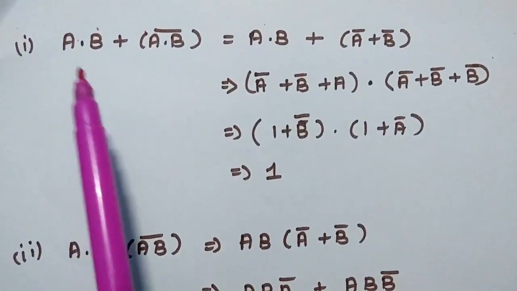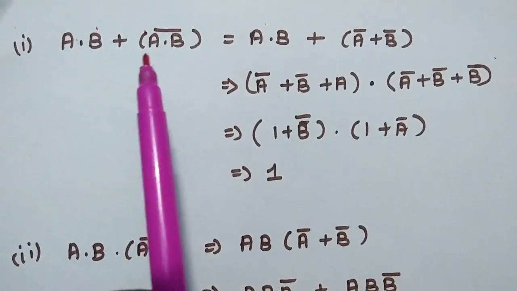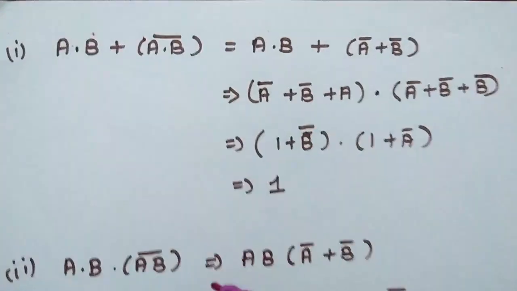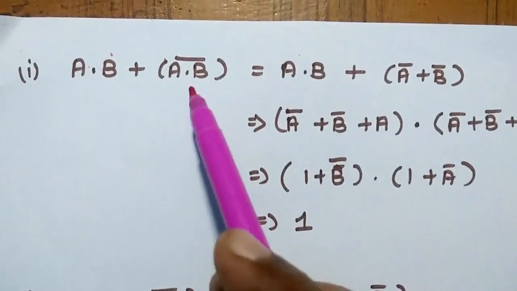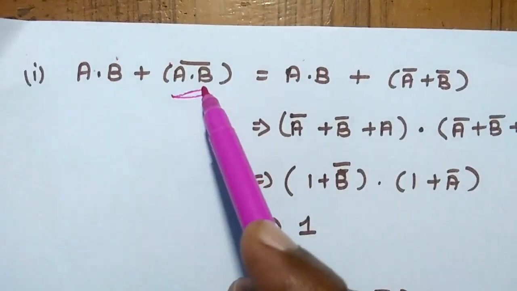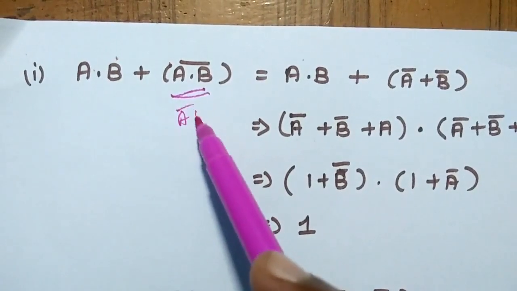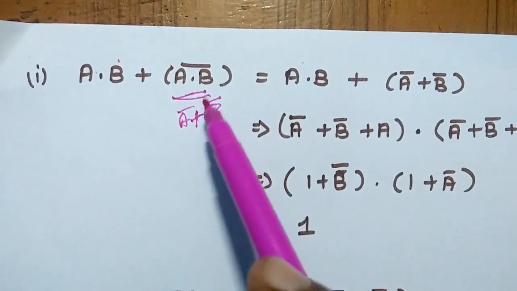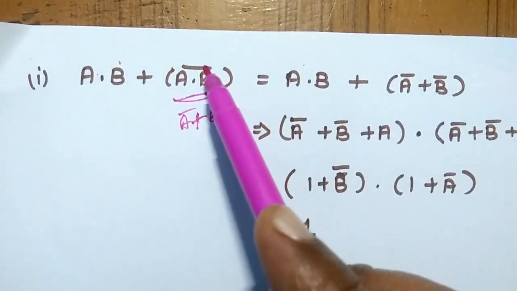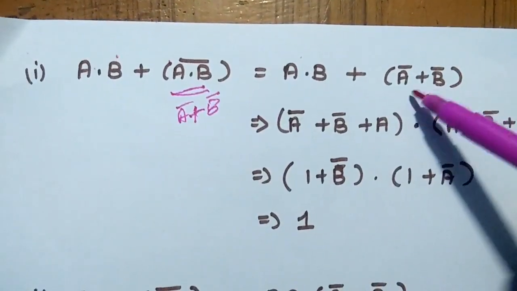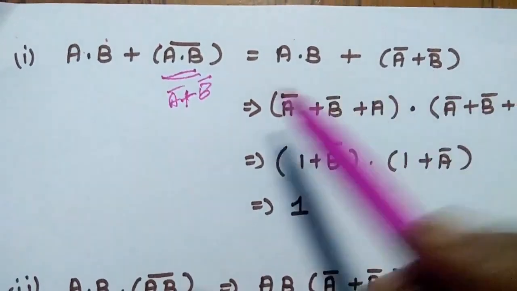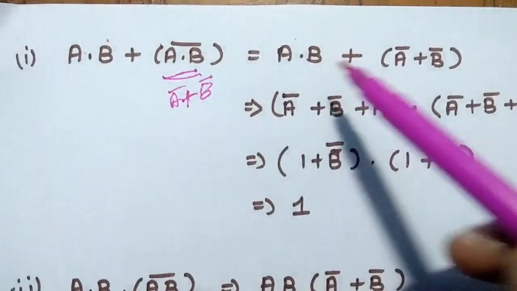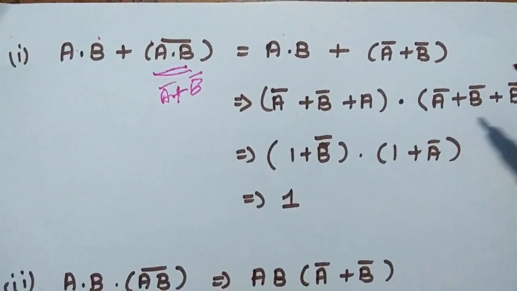So consider the first statement: a dot b plus a dot b the whole bar. Here we can write this a dot b the whole bar as a bar plus b bar by using DeMorgan's second theorem. So we can write this as a dot b plus a bar plus b bar.